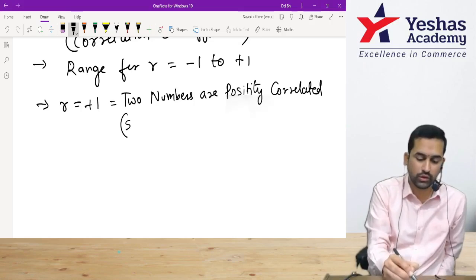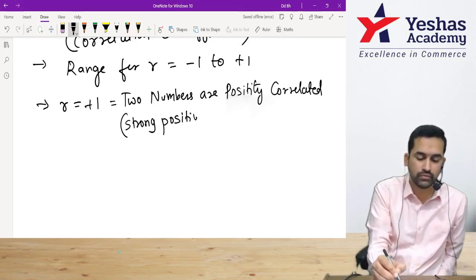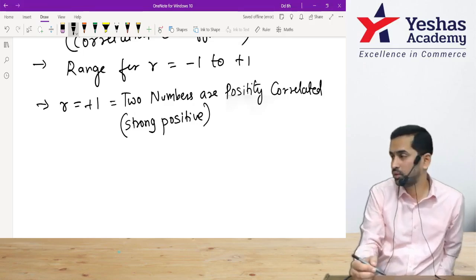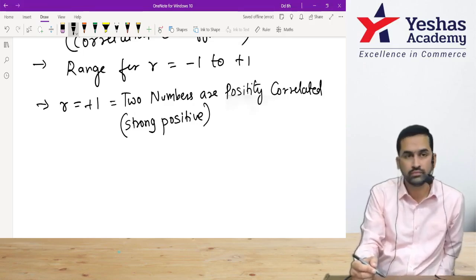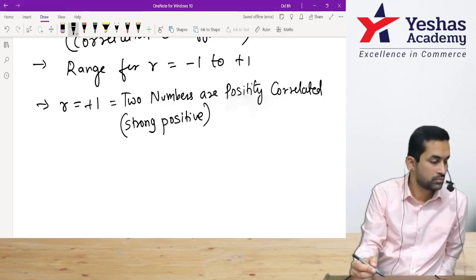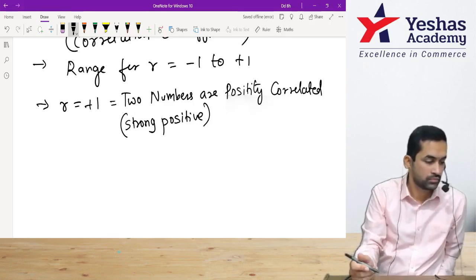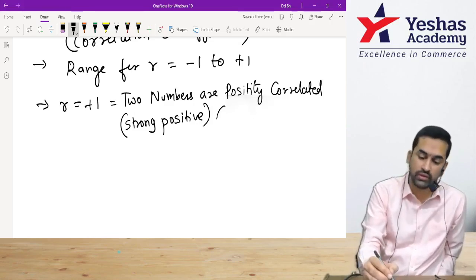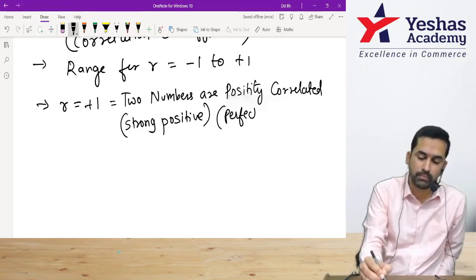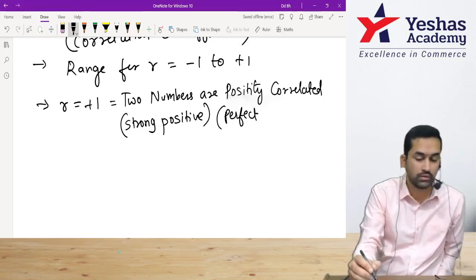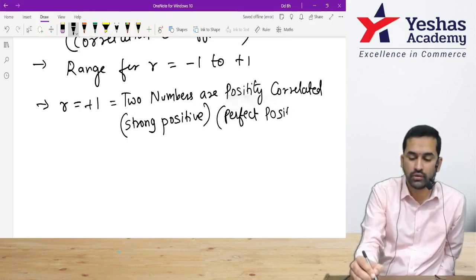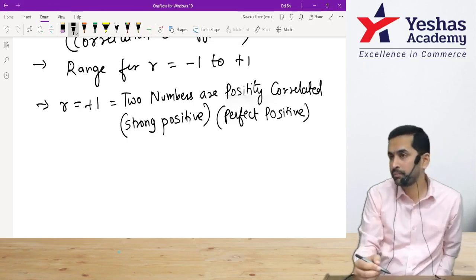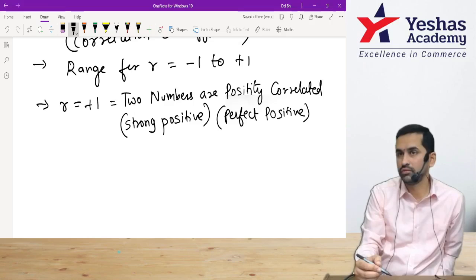In bracket, this is also called as strong positive correlation. Some books even call it as perfect positive correlation.